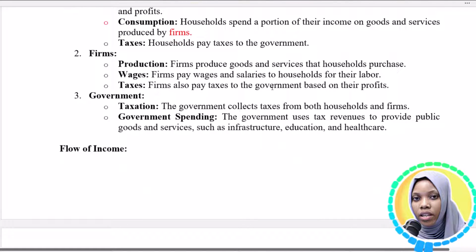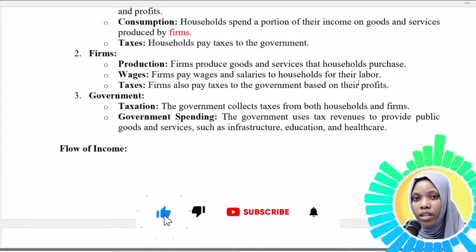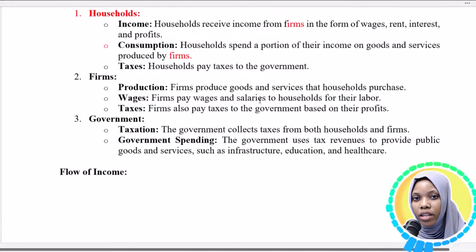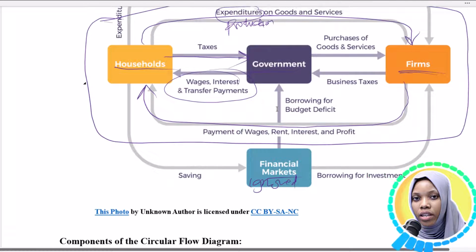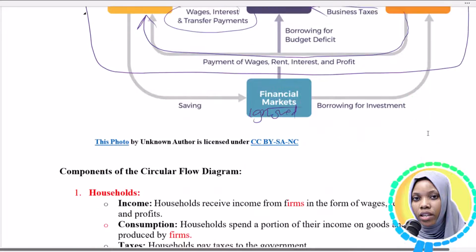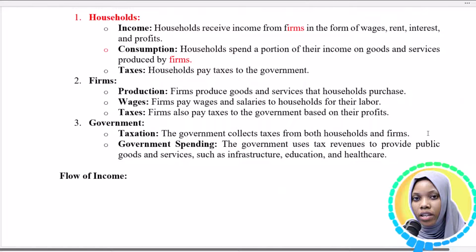And then they pay wages and salaries for labor to the households. And then firms also pay taxes to the government based on their profits. That is what is happening here.